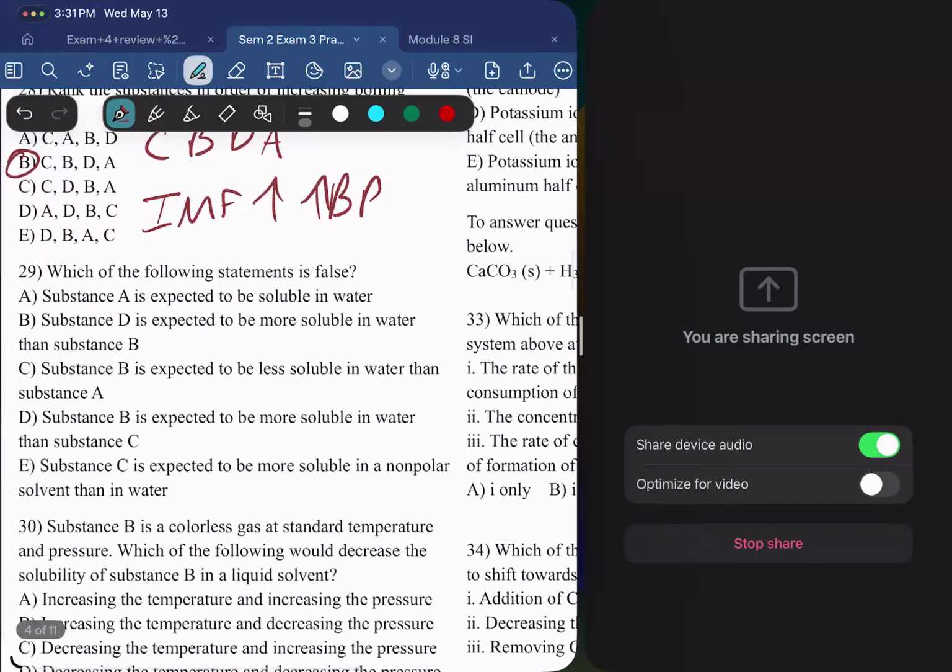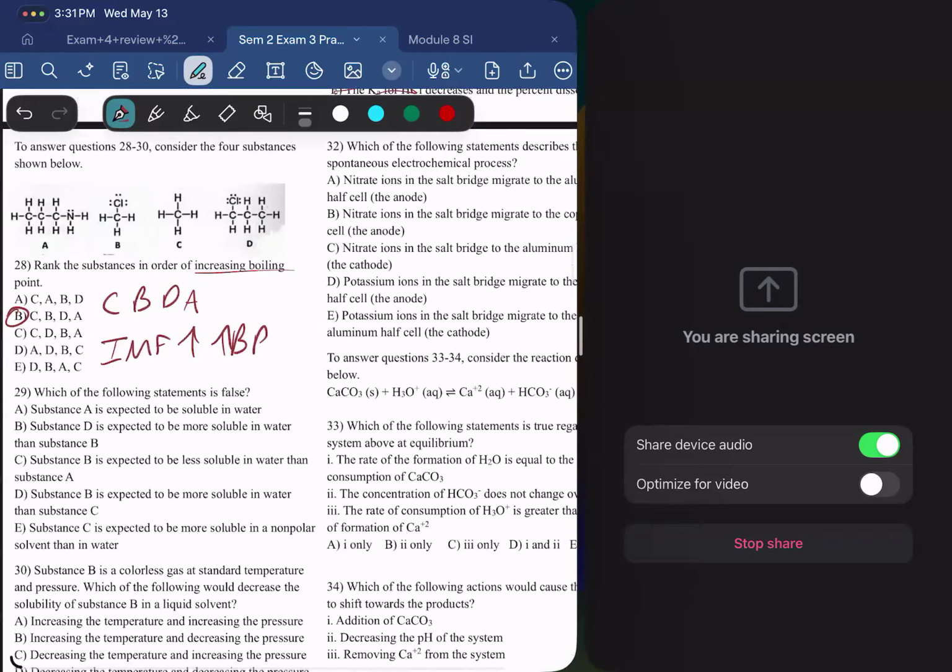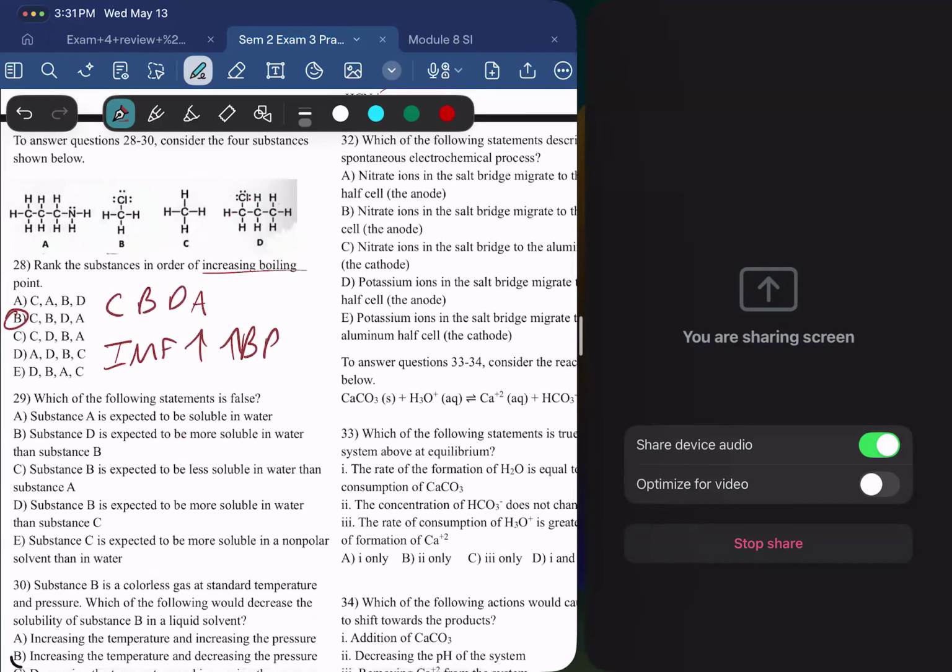Okay. 29. Which of the following statements is false? So let's see this, right? Here, let's figure this out. Substance C is more soluble in nonpolar. That's true. Substance B is more soluble in water than substance A. That is also true.